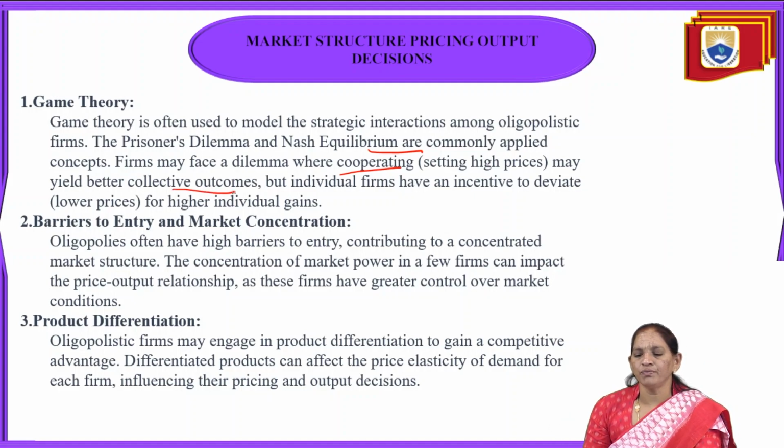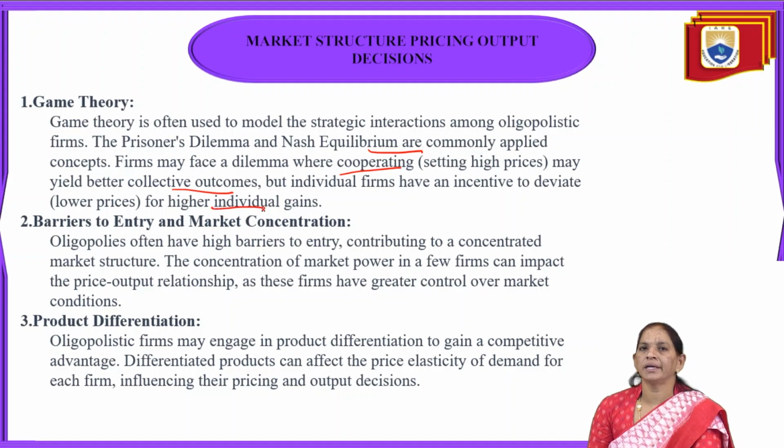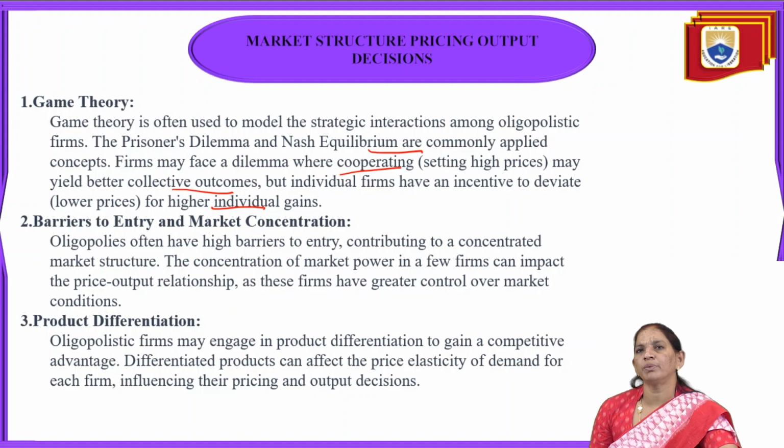But individual firms have an incentive to deviate to a lower price for higher individual gains. Here the game theory identifies that some may coordinate to have a better collective outcome, but individual firms sometimes deviate by setting a lower price, one against the other.